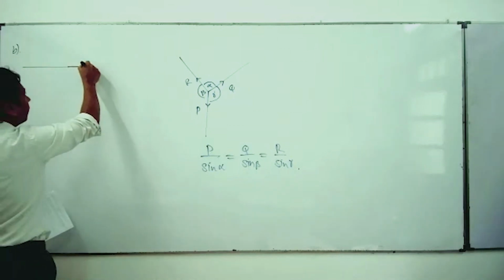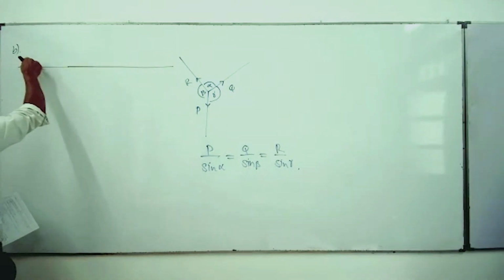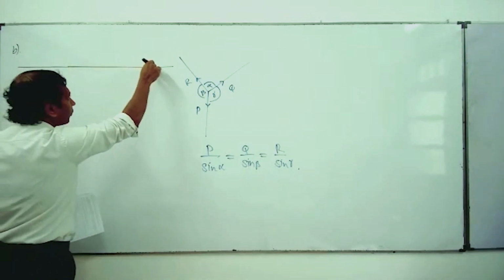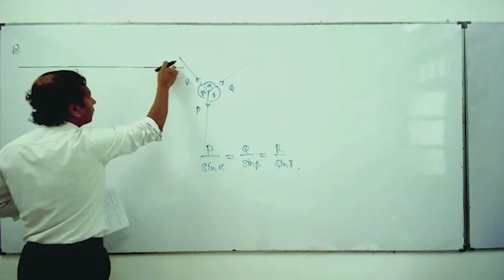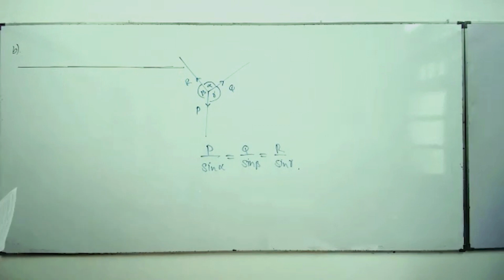Spectral diagram here now. Yeah, AB, CD.